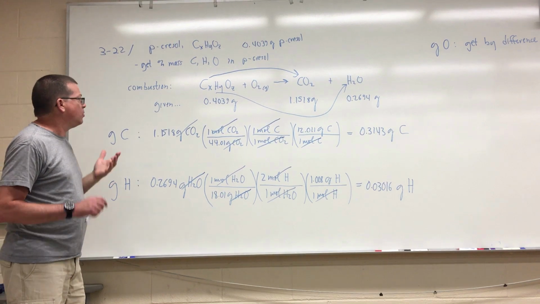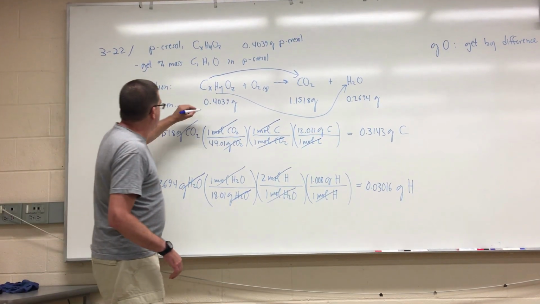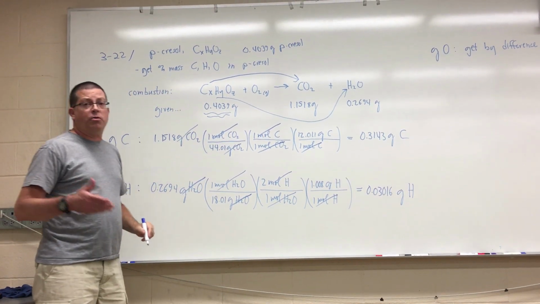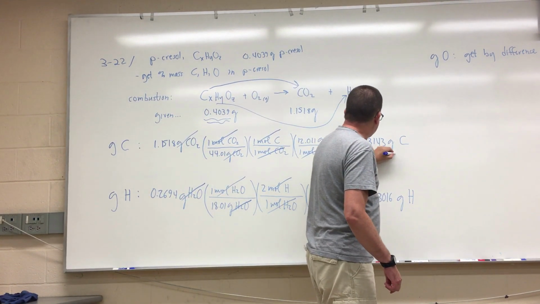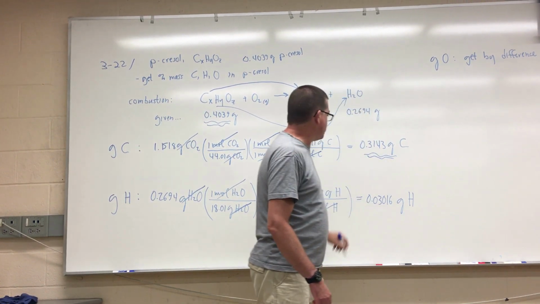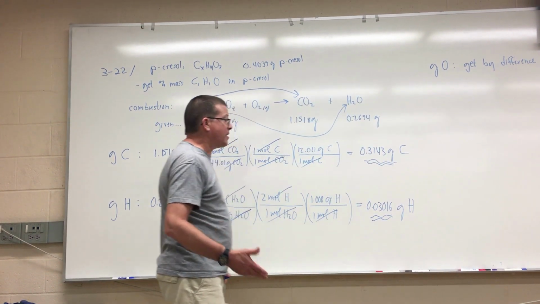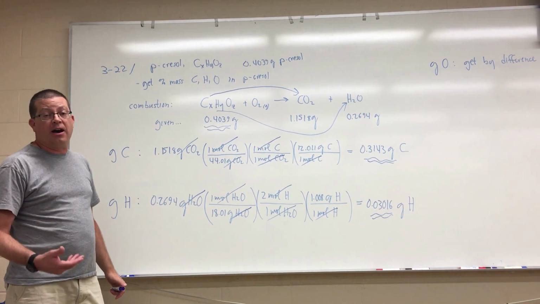All right? So let's find out what we know. Well, we know the original mass of the compound that we burned. Now we also know that when we burned that compound, we generated this mass of carbon. We also generated this mass of hydrogen. And the only place that carbon and hydrogen could have come from was the combustion of the compound.